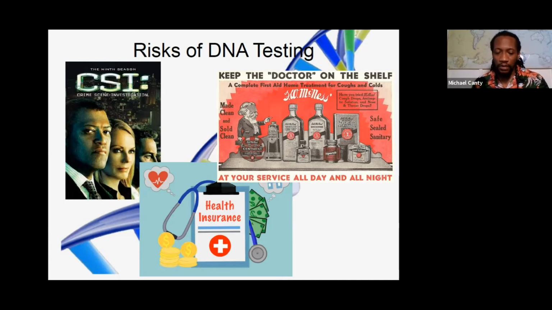Another potential problem is health insurance. I think there's a scandal going on right now with, I don't want to name the company, but it's one of the big 5 DNA companies, where I think they were busted for giving out their information to health insurance companies, that could be prejudiced against how much they charge you for health insurance based on your DNA, based on a condition that you might have in your DNA.